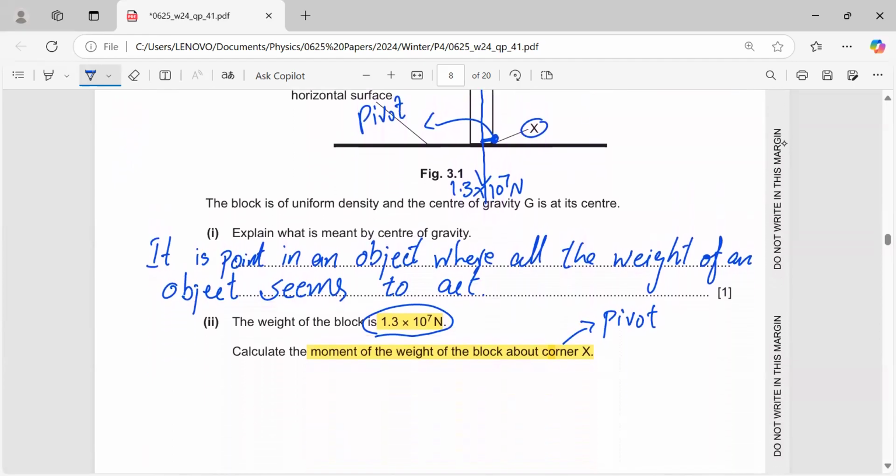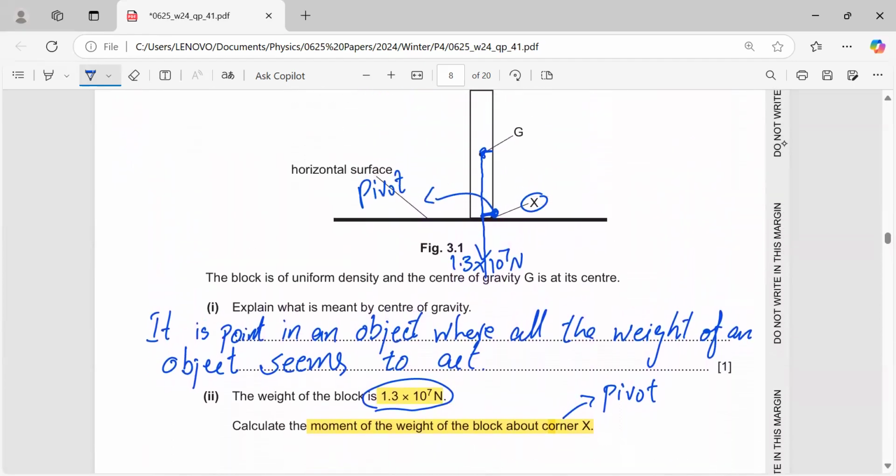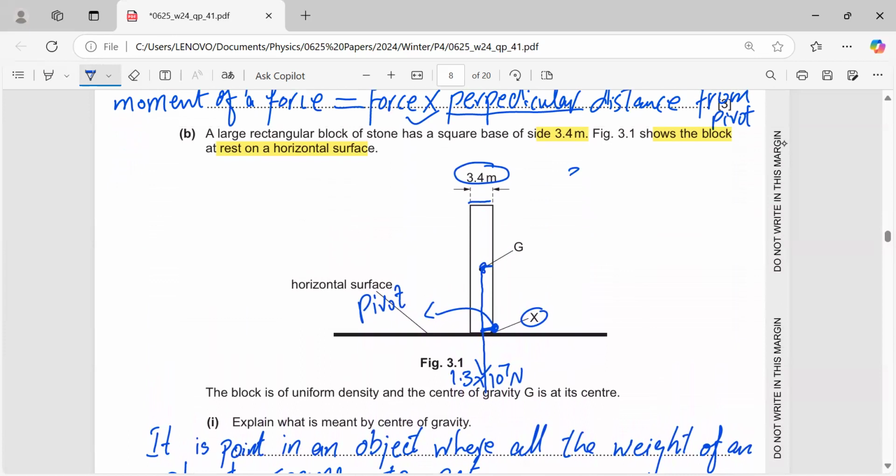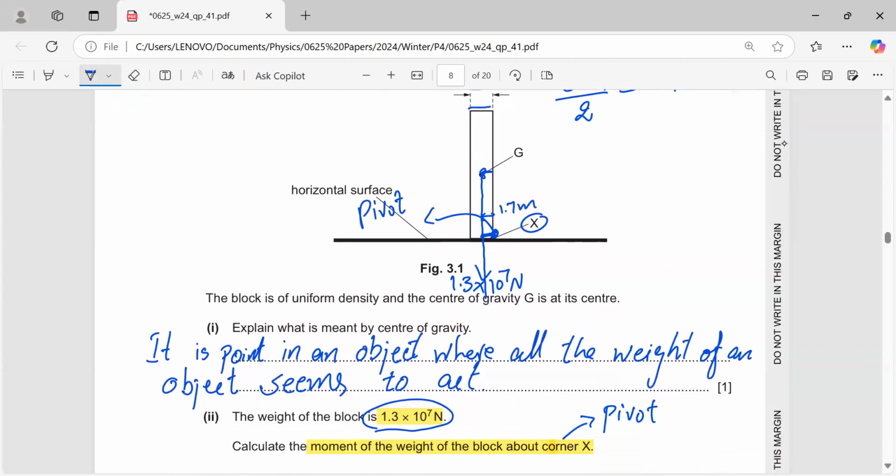So I'm going to solve this. I think it's better to solve here. 3.4 divided by 2, you will get 1.7. So this distance starting from here till here will be 1.7 meters. And then we will use the formula.